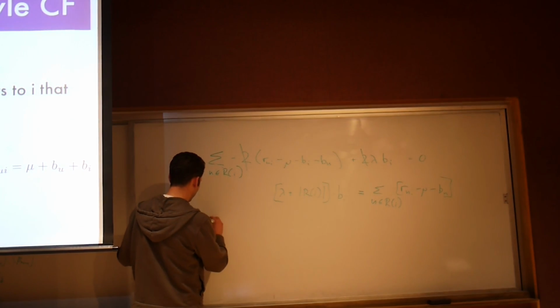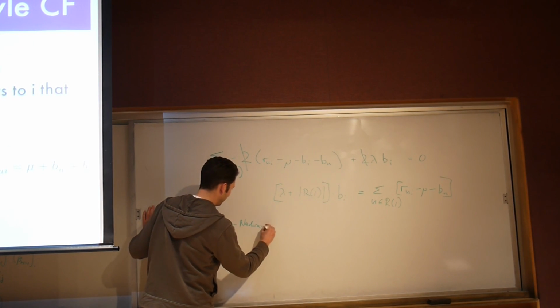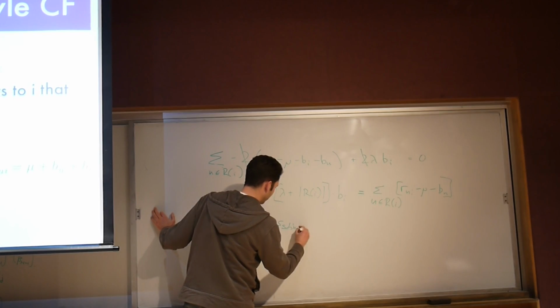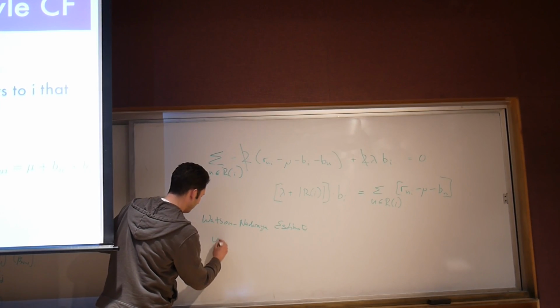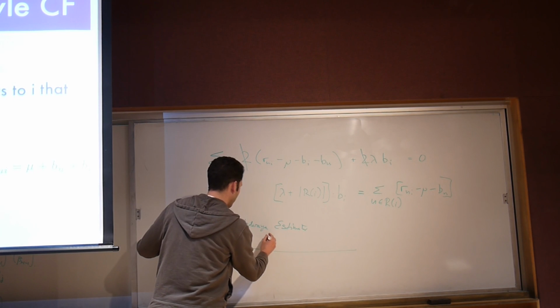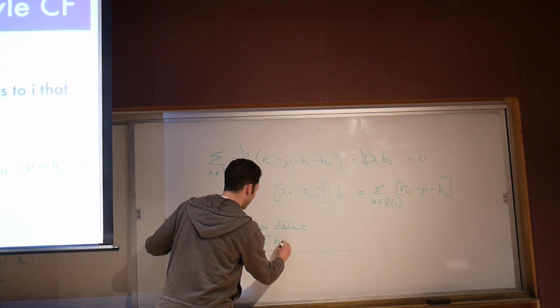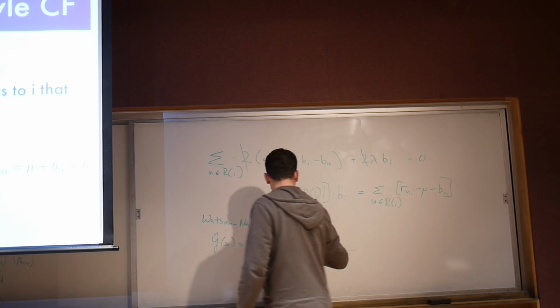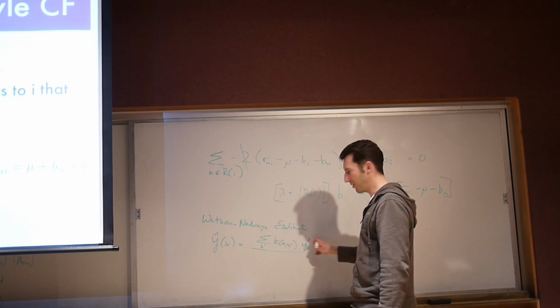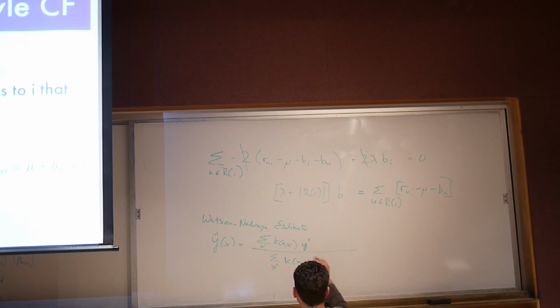Remember, so this was basically Watson-Nadaraya, where we had that y hat of x was given by the sum over all x prime of k(x, x prime) times y prime, the corresponding y for the x prime, divided by the sum over all x prime of k(x, x prime). So that was the Watson-Nadaraya estimator.